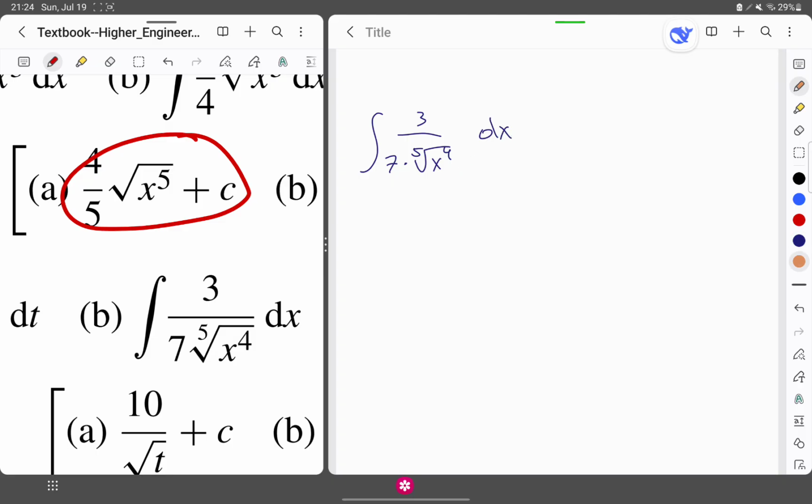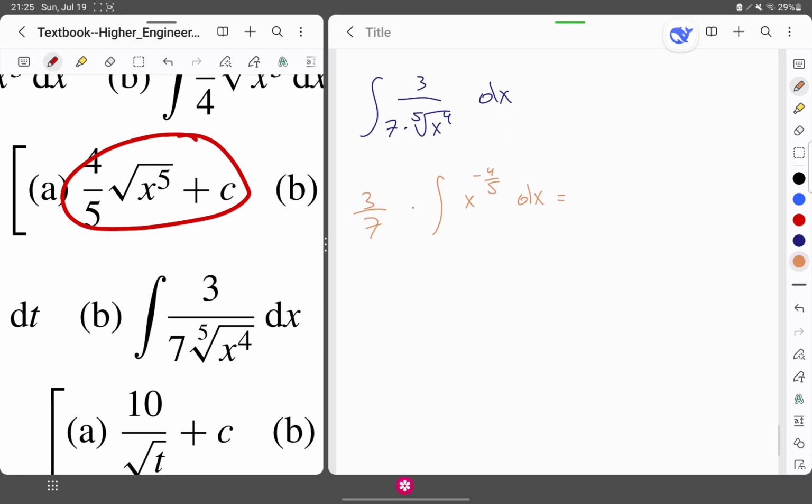Okay, it will be 3 over 7 times the integral of x to the power of negative 4 over 5 dx, and it will be 3 over 7 times x to the power of negative 4 over 5 plus 1, which is 1 over 5, over 1 over 5 plus c, and 3 over 7 times 5.